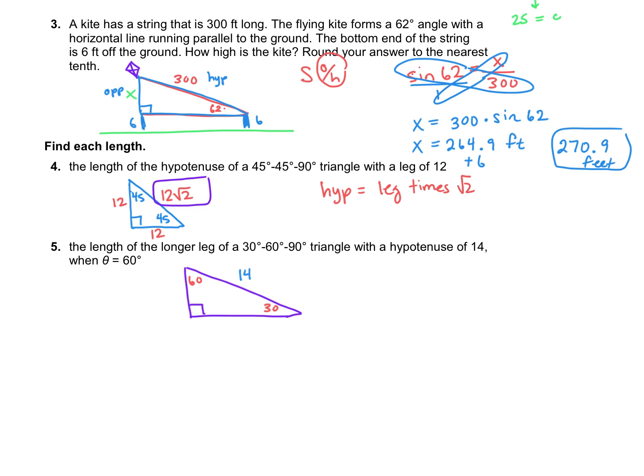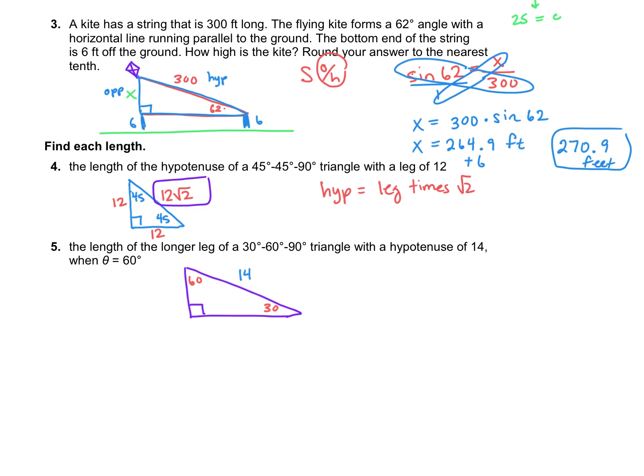All right, so in a 30, 60, 90, there are a couple relationships to remember. And they all have to do with the short leg. The short leg has a relationship with the hypotenuse, and the short leg has a relationship with the long leg. So if this is the hypotenuse, one of these is the short leg and one of these is the long leg.